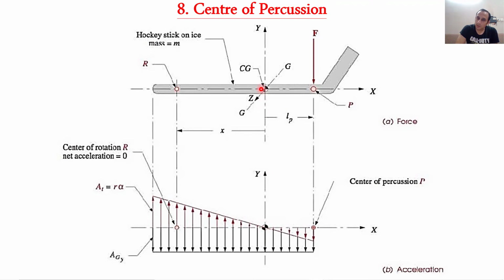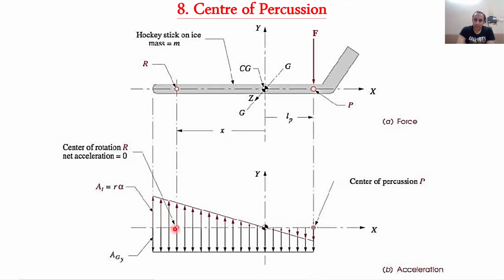It means this point will not rotate. This point will only translate, with the linear acceleration AGY, because this is the axis of rotation. So the axis of rotation only translates. This is CG. It will only translate, and at this point the acceleration is purely linear acceleration.